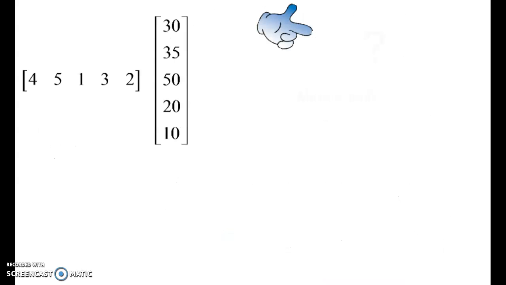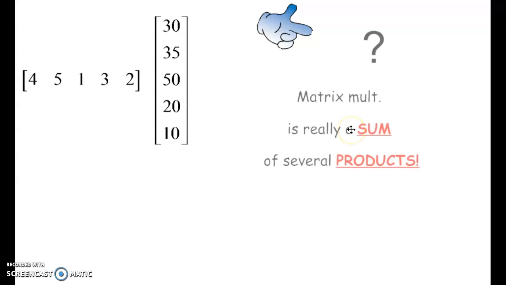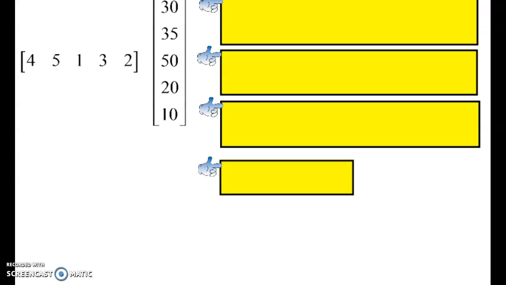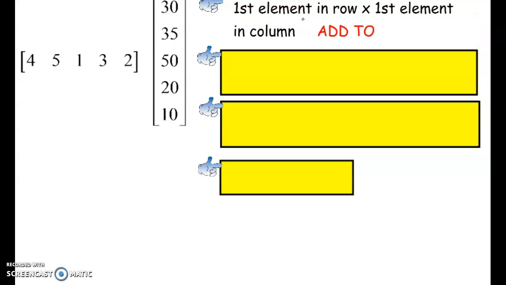When we multiply, we're actually going to get a sum of several products. So we'll want to multiply the first element in the first row times the first element in the column.